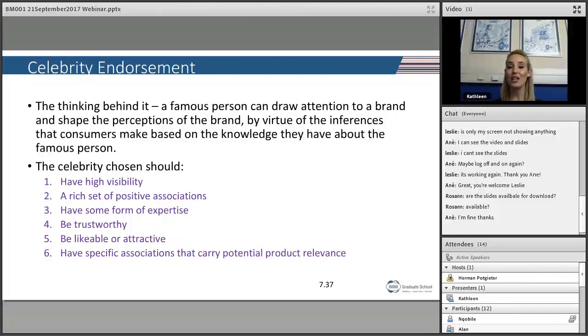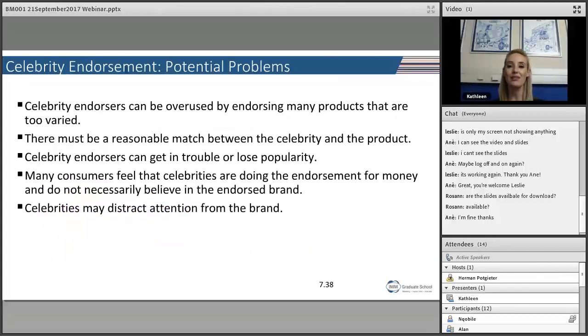They need to be trustworthy. They need to be likable to the target market. And they also have to be relevant to the brand, so that the associations that we're attaching to our brand or that are reflecting upon our brand are going to be relevant to the image that we are trying to create for our brand.